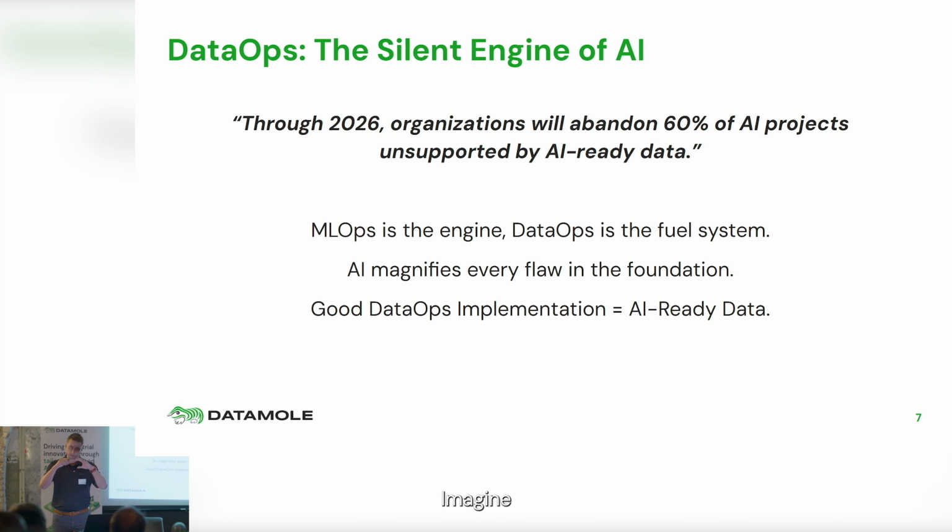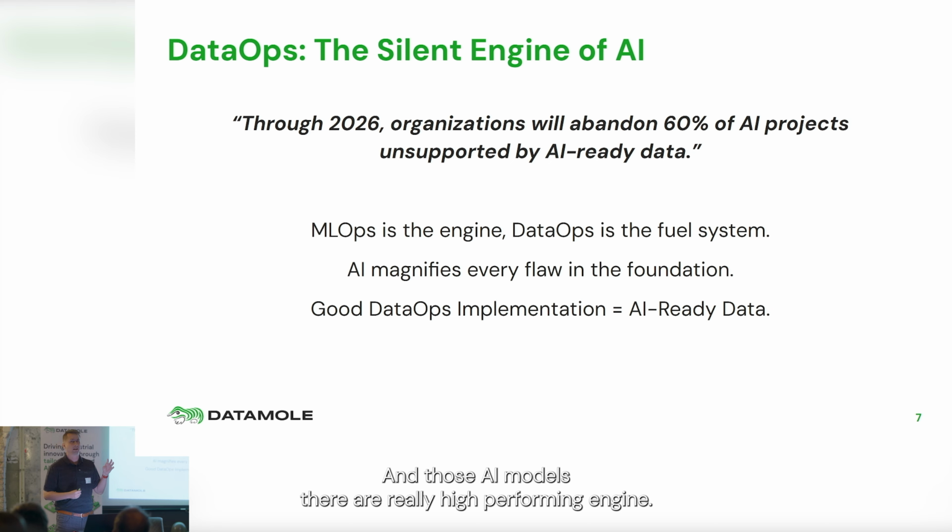Imagine such an AI initiative as a car. Maybe you have heard the term MLOps. That would be the engine. That's how you train, deploy, operate your models. So that's the engine. And the data that are being used by the model, that's your fuel in the car. And those AI models, they're really high-performing engine.